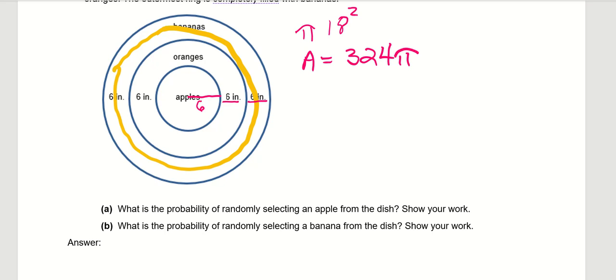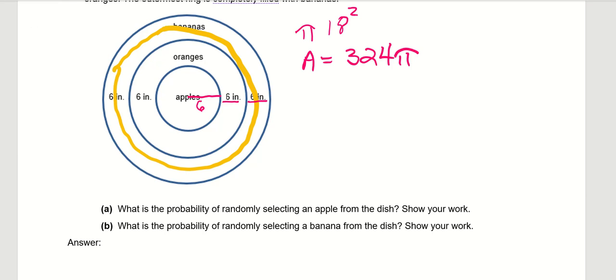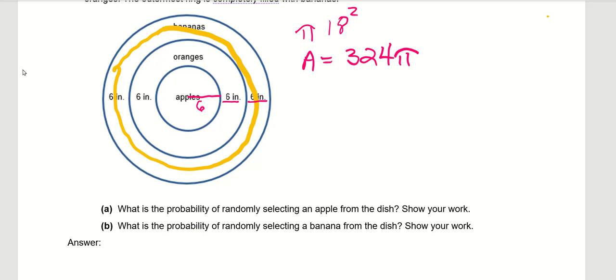We need to find the area of where the bananas are laying in the dish. So I'm going to change my pen color to yellow. All right, to calculate that, we've got the entire circle. We need to subtract the part that is the apples and the oranges put together. So this radius is 6 plus 6 is 12.